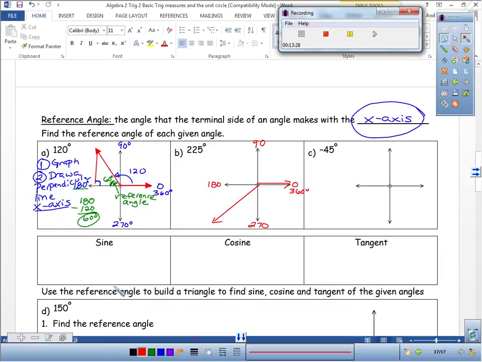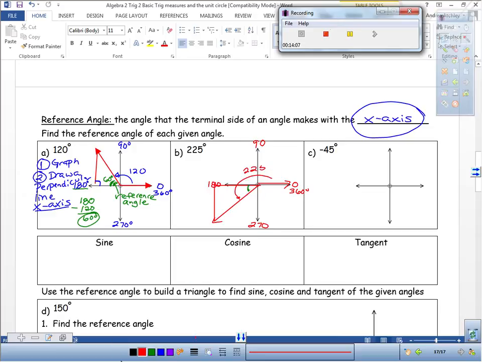And again, I want to draw a perpendicular line to the x-axis. So I'm going to go from here to here, never to the y. And we're looking for this right here, this angle, this angle here with my 225.